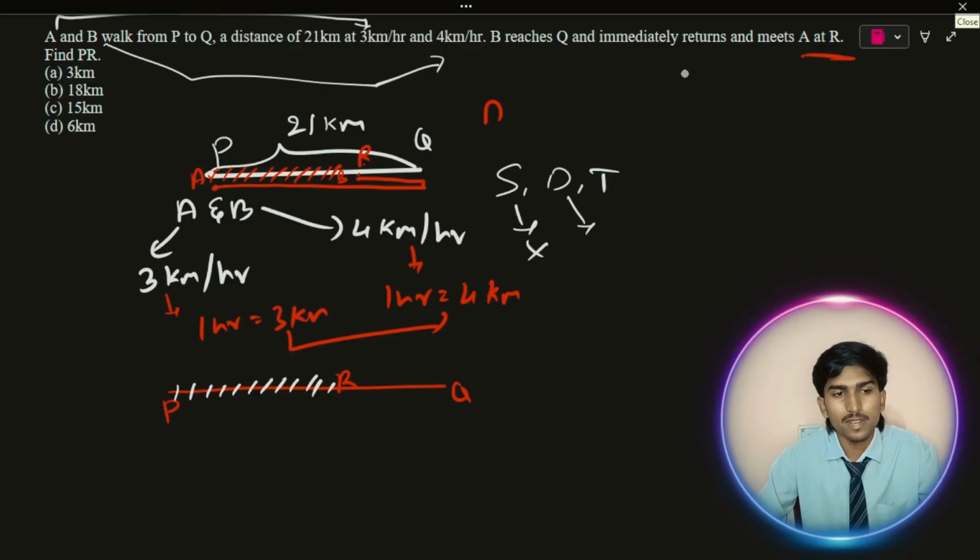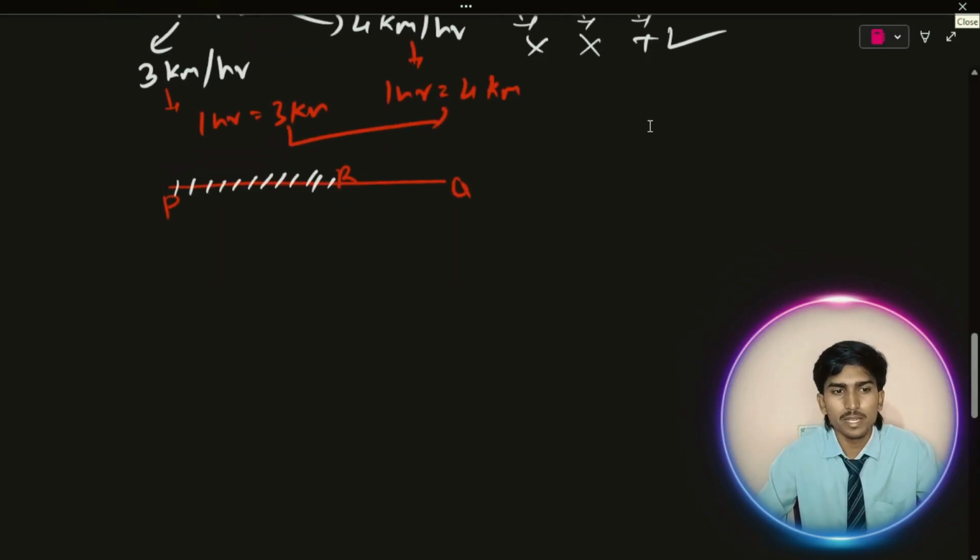No, because B is faster than A, so B traveled more, because B went to Q and again came back to R. Is time the same? Yes, because A and B both started at the same time and meet at one point, R, at the same time. So we can say time is constant. Both took the same time to meet each other.